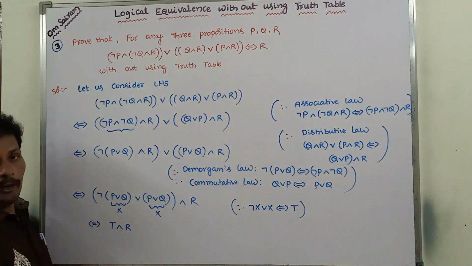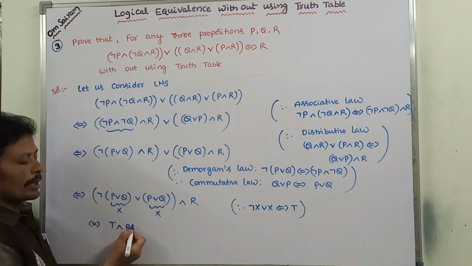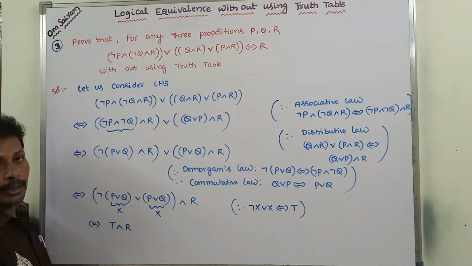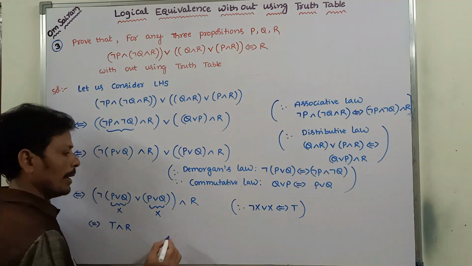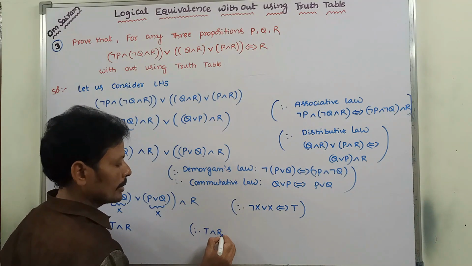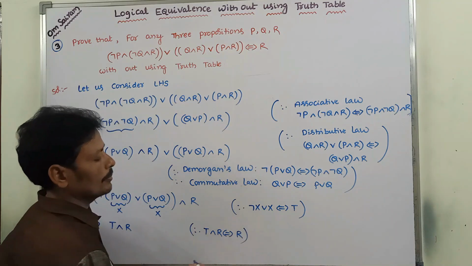We are getting false value. Whatever the truth value we are substituting in the place of R, the same truth value we are getting. So that means true and R is logically equivalent to R.